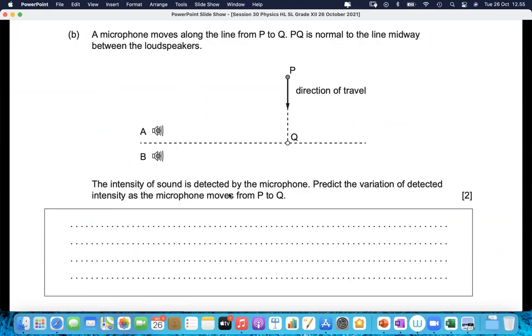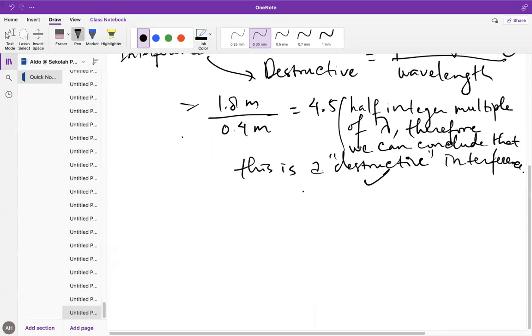Normal is basically perpendicular. The intensity of sound is detected by the microphone. Predict the variation of the detected intensity as the microphone moves from P to Q.